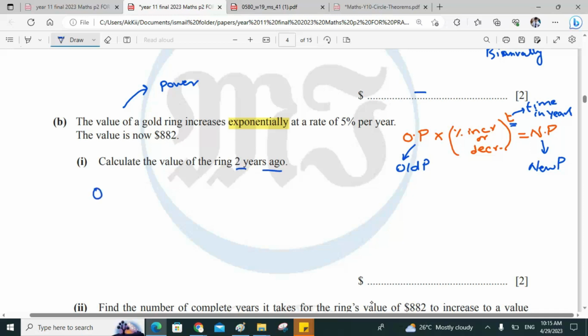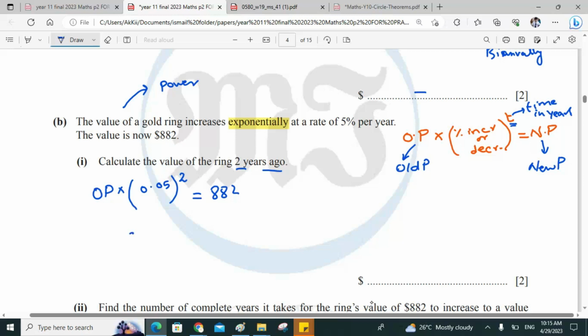So old price is written as old price multiplied by the percentage increase. How much is the percentage increase? It is 5, so this is 0.05 power 2 is equal to, what is the new price? It is 882. So you take this whole factor. If you want to calculate it, you can calculate it.